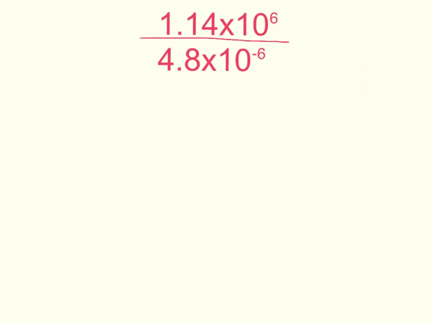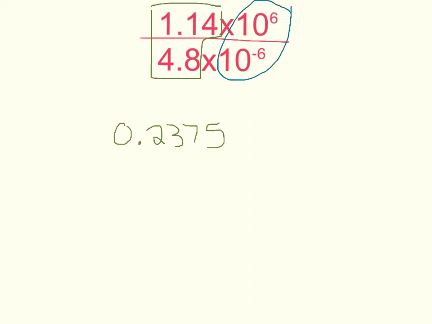Okay, example number 3. This one is just a little bit more difficult, but not bad. Here, if we divide our coefficients, 1.14 divided by 4.8, we get 0.2375. And then if you look at your powers, we have to subtract exponents. Common mistake, students say, hey, that equals 0. But it doesn't, because 6 minus negative 6 really means add the opposite, so it is actually 12.